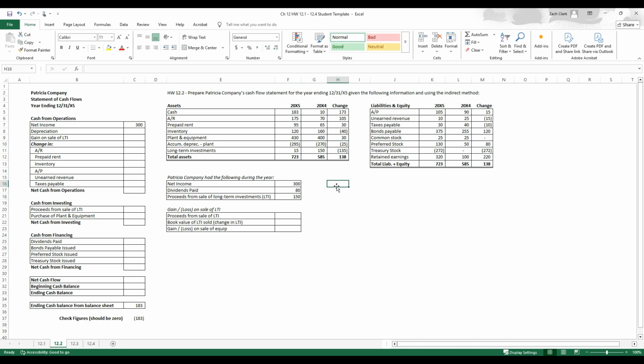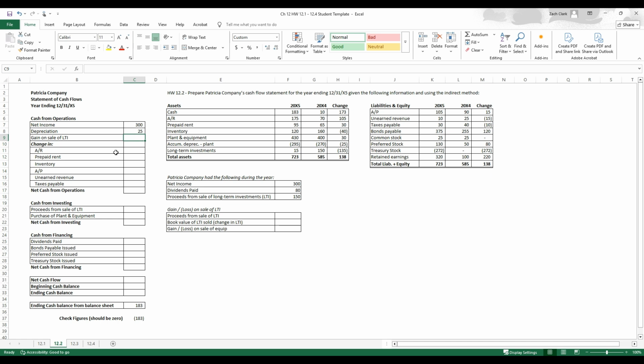If we remember depreciation expense and accumulated depreciation from prior chapters, the other side of the entry to the accumulated depreciation contra asset increase is depreciation expense. So since we have no information about sales or disposals of equipment, we can deduce that the change in accumulated depreciation equals our depreciation expense. That's a non-cash expense, and we add it back to net income to arrive at net cash from operations, just like we've done previously. We just had to deduce what that was.